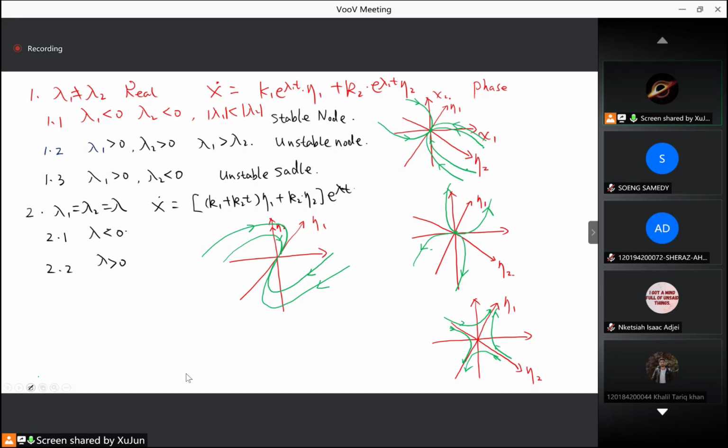If lambda is larger than 0, the figure, if this is eta 1 and this is eta 2, it will be like this, with the direction going to positive infinity.